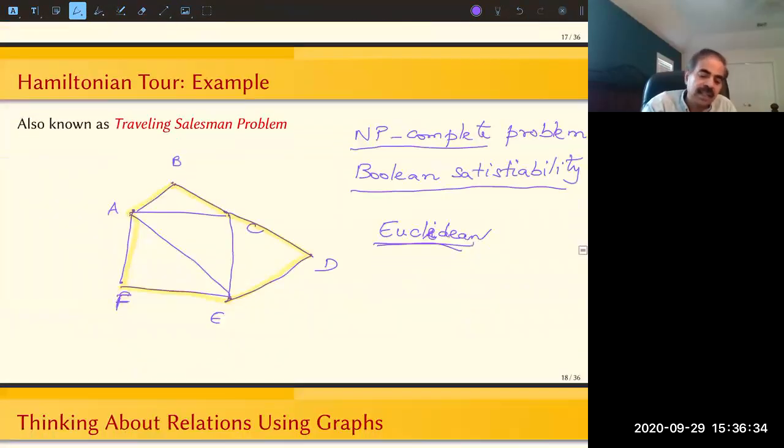Whereas here, you can easily see that the way I have drawn the graph, you have an intuition as to how to draw the Hamiltonian tour. But if you're just looking at a graph as a bunch of edges, then you may start going this way, then this way, and then realize, hey, I made a mistake, because if the only way I can go is this way, now I have completed a circuit and I haven't visited most of the cities.